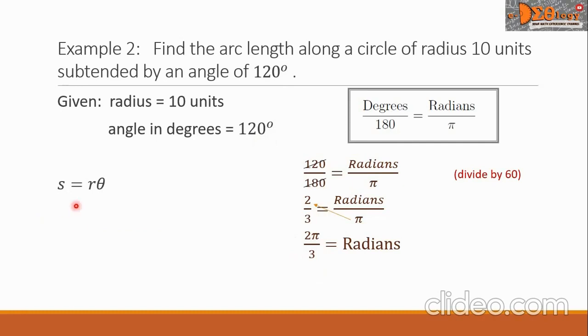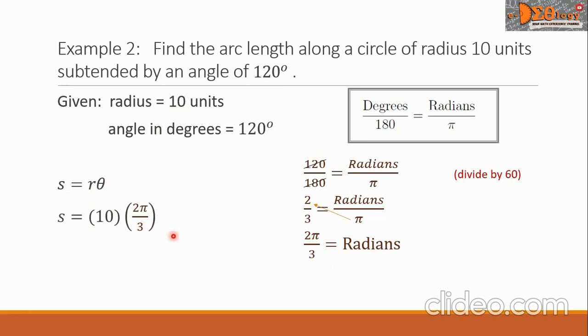Now we can proceed with our computation of the arc length. We will now substitute the values on the formula. So S equals, the radius is 10, times the angle that must be in radian. We will now use the 2 pi over 3.